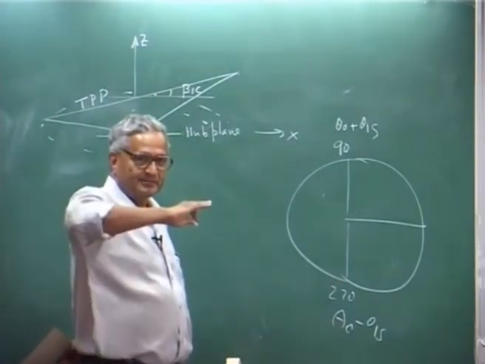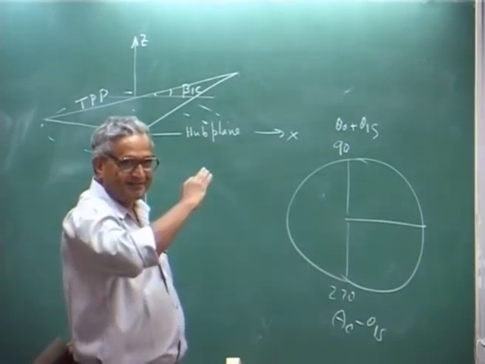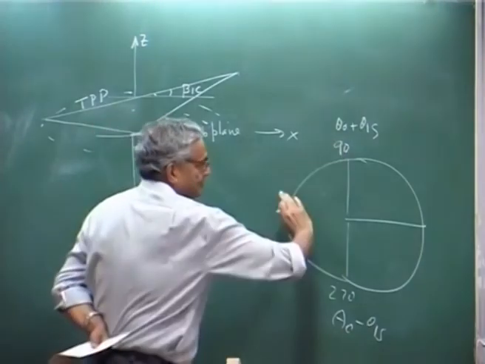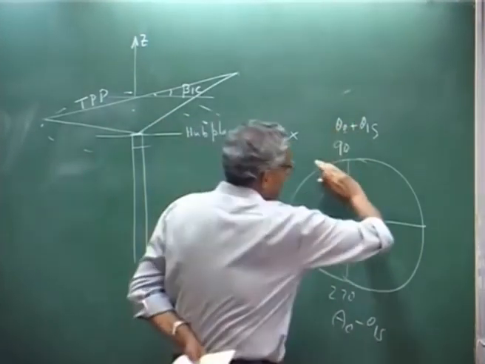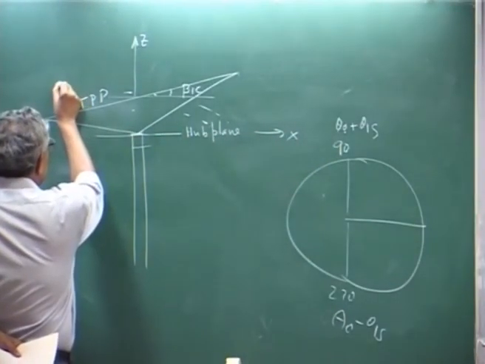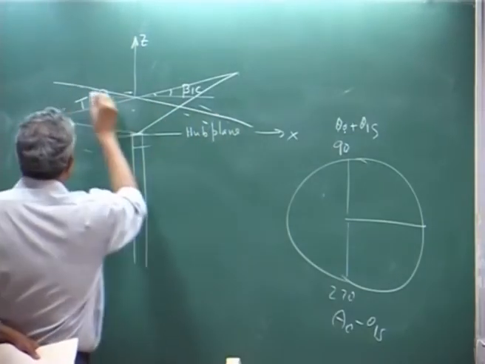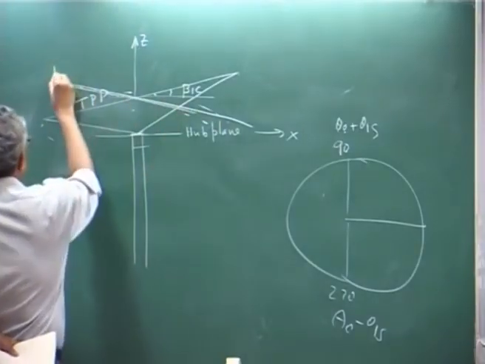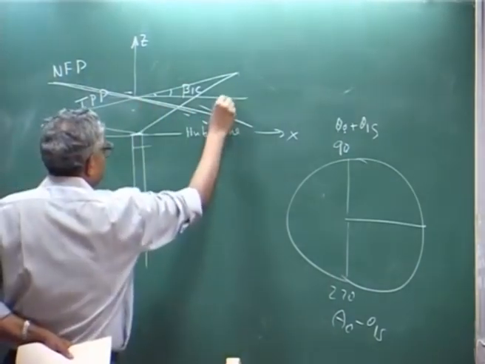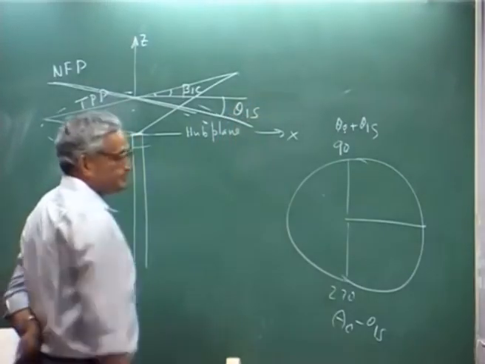That means, the plane should tilt a little this way, because theta naught is same, theta 1s you have gone up, that means, you are trying to reduce the angle. So, your no feathering plane will be, I may draw like this, okay, no feathering plane with this angle, that is theta 1s.